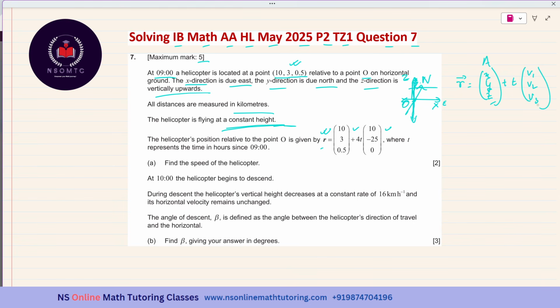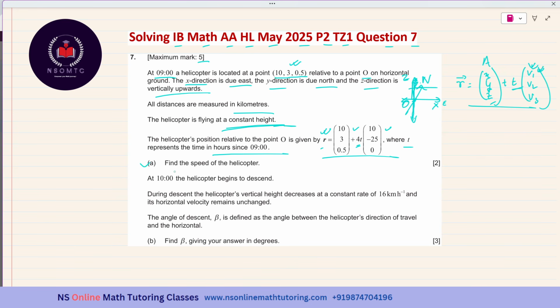This is the velocity vector, which is also the direction vector, and it gets multiplied by the time. But over here it is 4t. So this is the change in these two equations. That is why they have said where t represents the time in hours since 9 a.m.